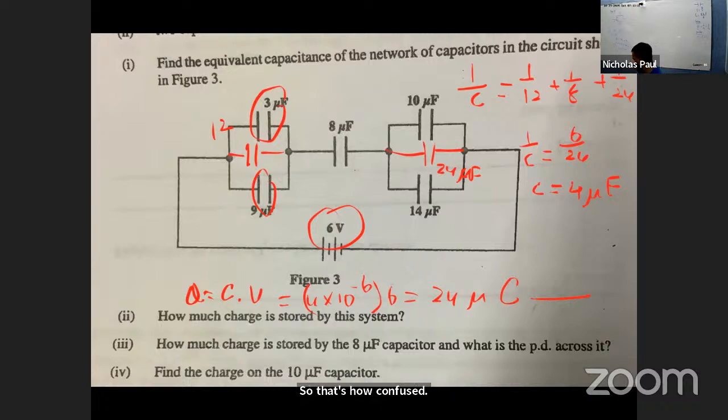Nikolai, are you okay with that? How much charge is stored in 8 now? 1 on C is 1 on 12 plus 1 on 8 plus 1 on 24. Yeah, 6 on 24.